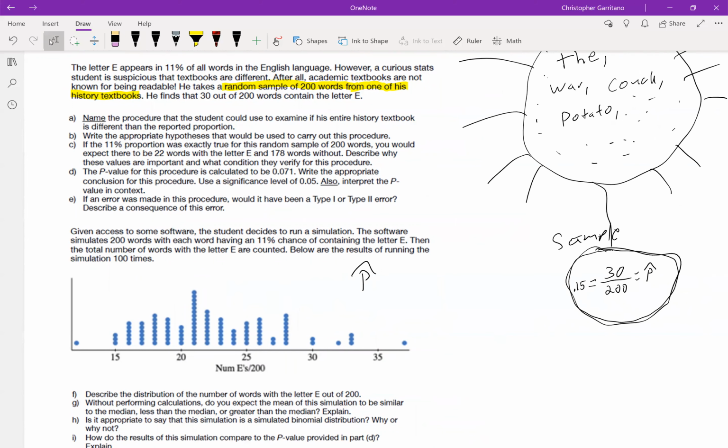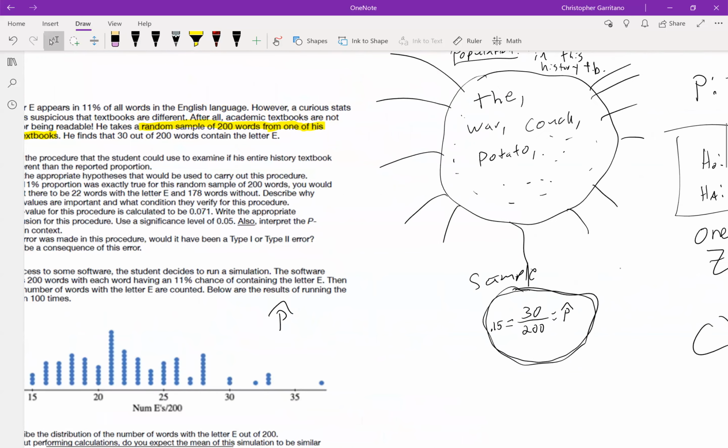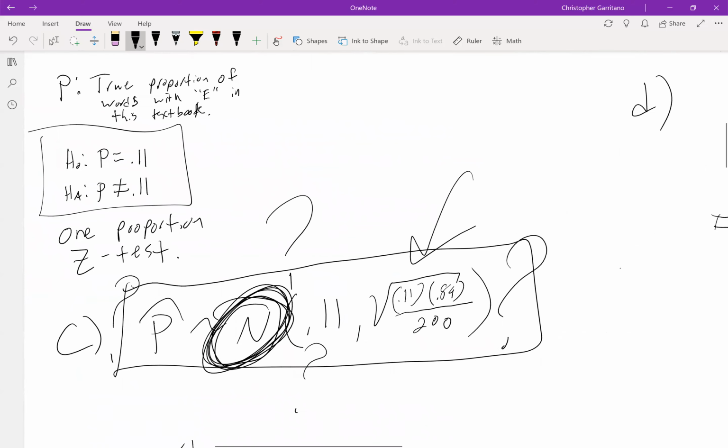It's an incomplete distribution of p hat, because as we know, if we were to find all the possible p hats from this population, well, we know that our p hats would be distributed normally with a center of 0.11 based on the null hypothesized assumption, and a standard error of what we see here.